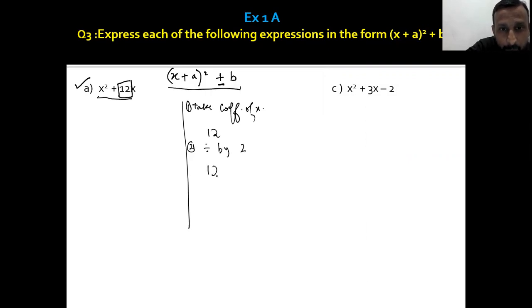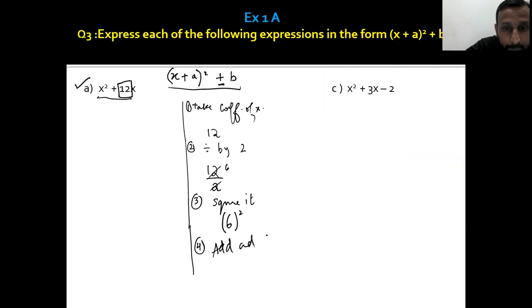So we're going to divide this 12 by 2, and we get the answer 6. Step number 3, square it now. So we're going to square 6. Step number 4, add and subtract it from the given expression.